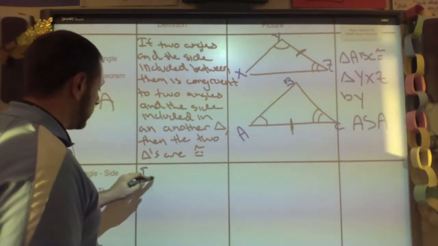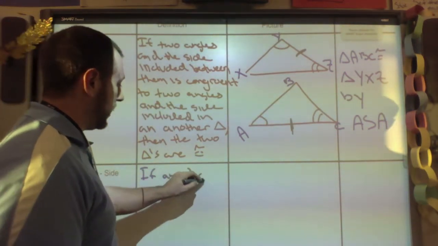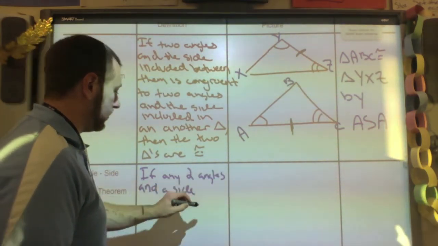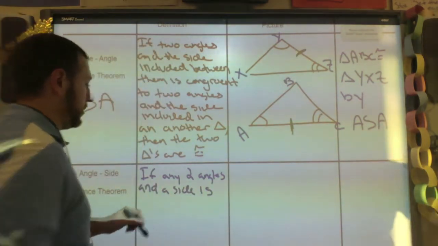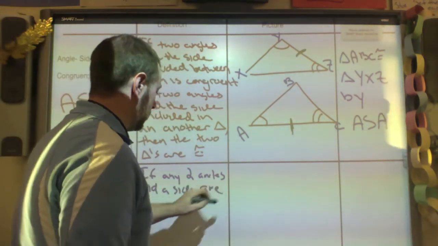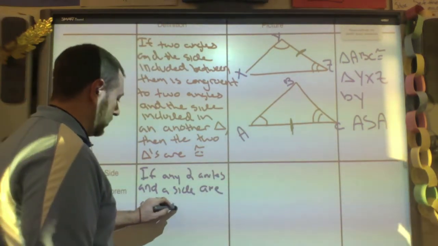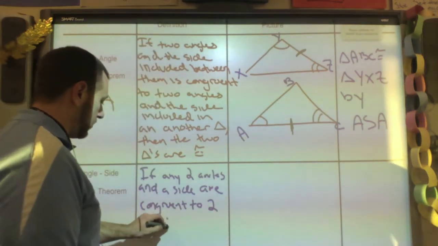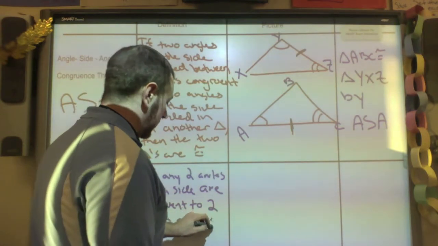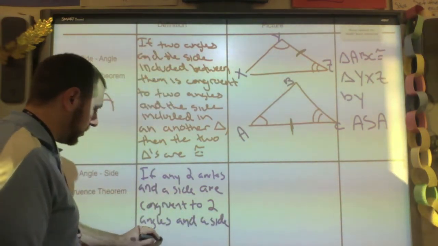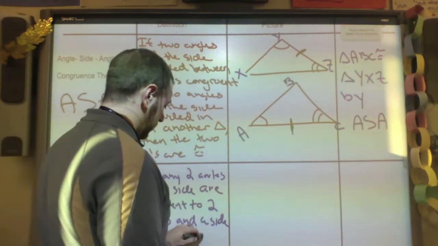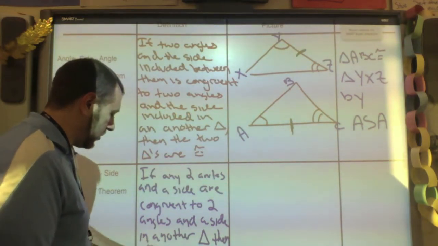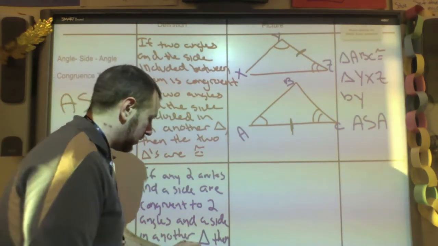So if any two angles and a side are congruent to two angles and a side in another triangle, then the two triangles are congruent.